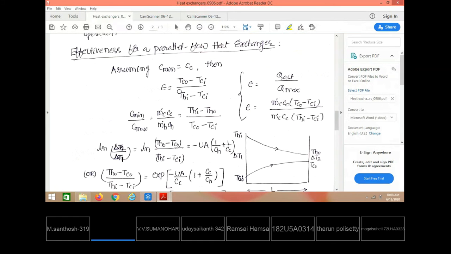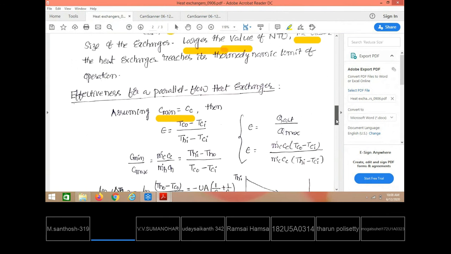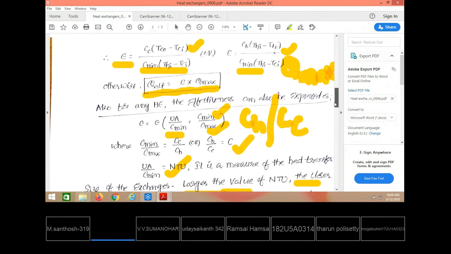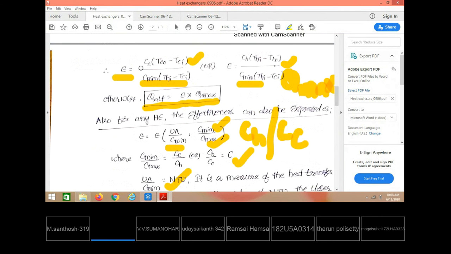As I have already told you, the effectiveness of a heat exchanger, assuming C minimum equals CC, meaning the cold fluid heat capacity is C minimum, is written as this equation. In this case we write it based on the cold fluid, since the cold fluid has the lesser heat capacity, so CC is minimum.